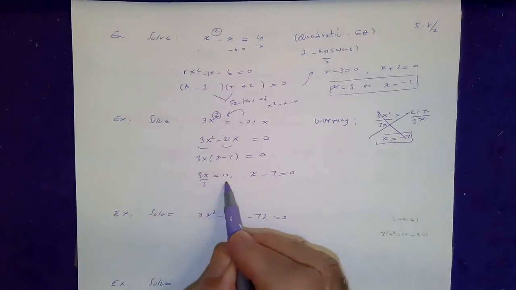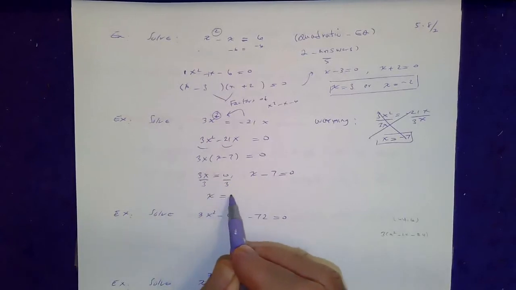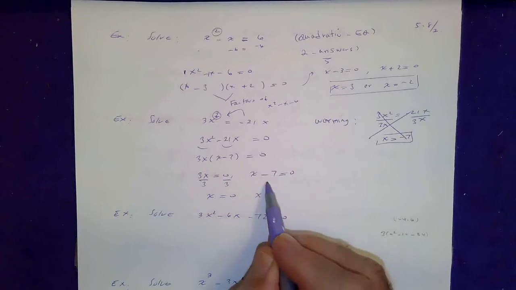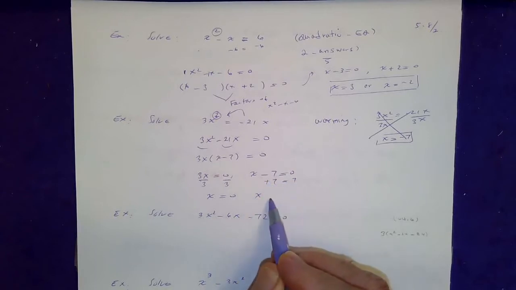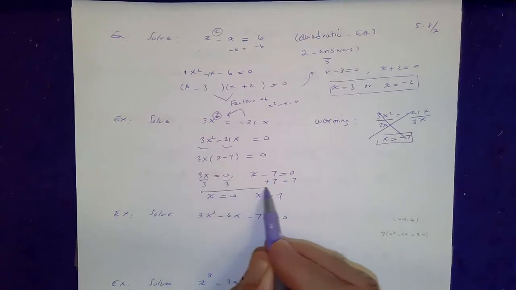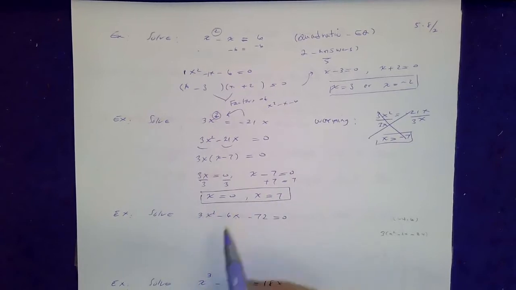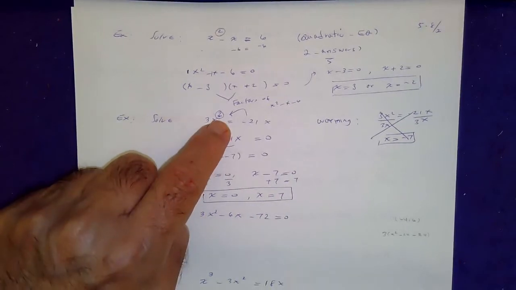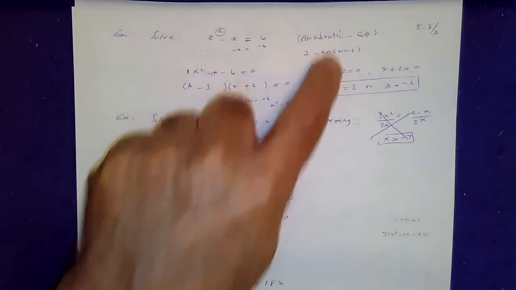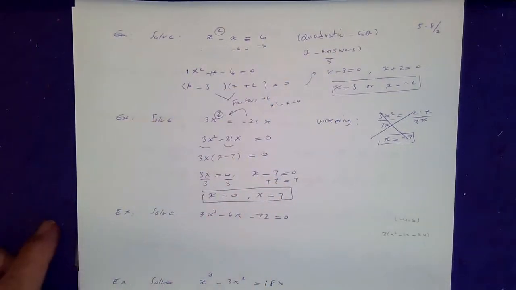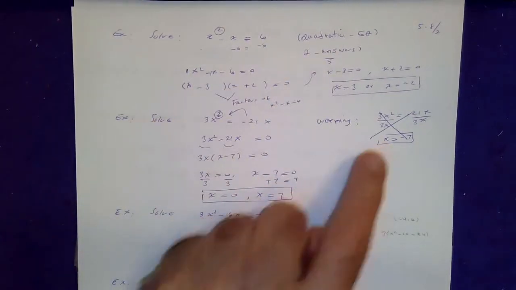First one, if I divide both sides by 3, x is equal to 0. The second one, if I add 7 to both sides, x is equal to what? 7. Once again, the highest power of x was 2. That was a quadratic equation. I came up with two answers, so that shortcut doesn't work.